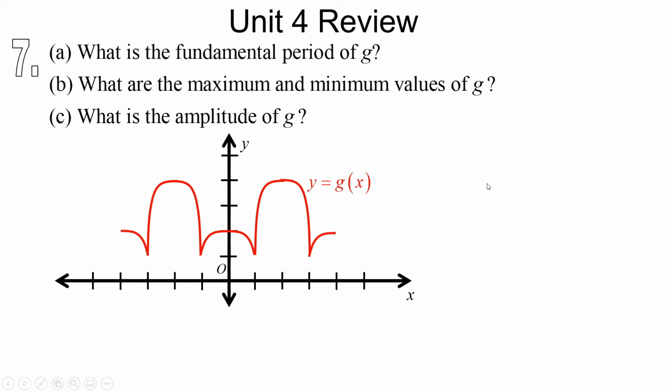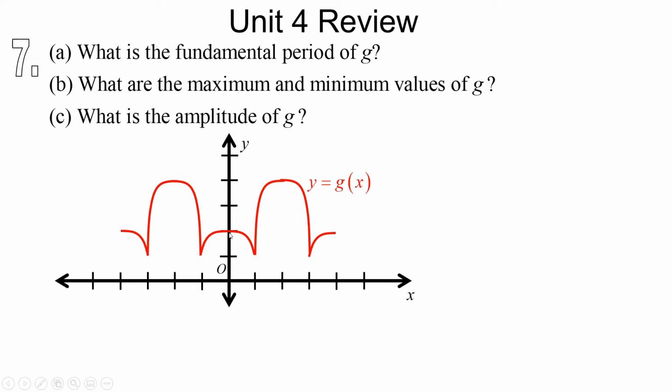Okay, number 7. They give us this beautiful graph of y equals g of x, and they're asking you what is the fundamental period of g. So I'm looking for a pattern. I begin on the y-axis and I think about how far I have to travel horizontally until the pattern repeats.